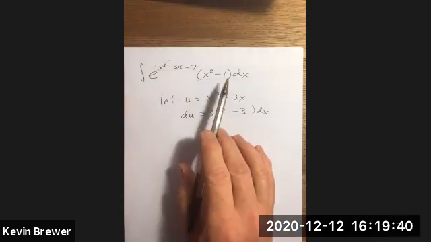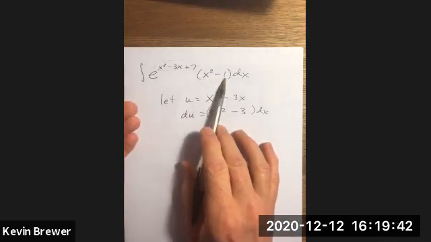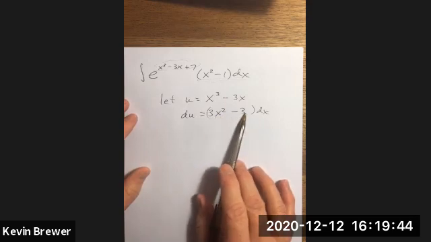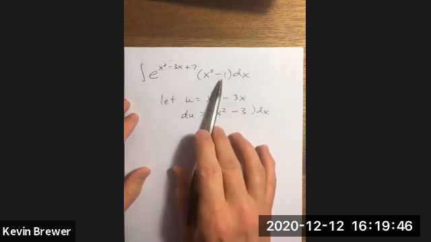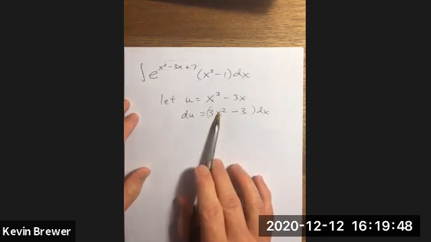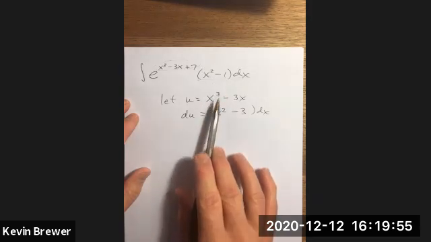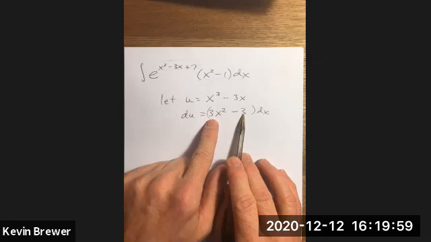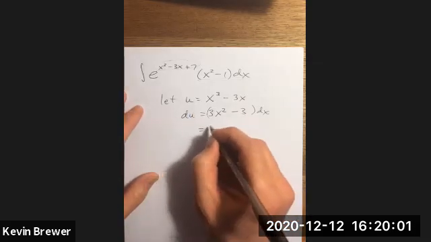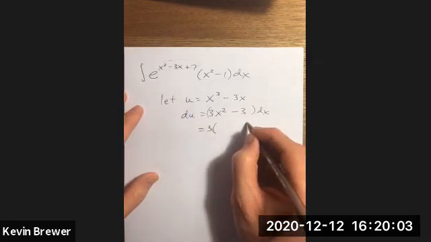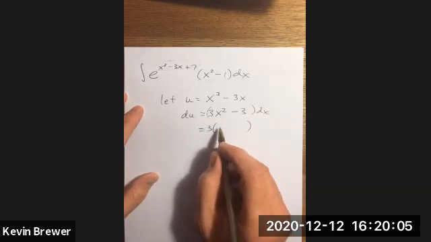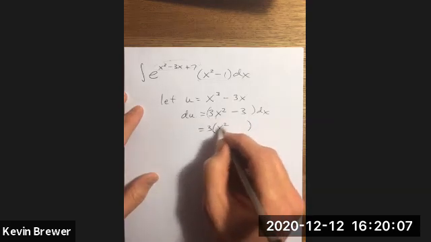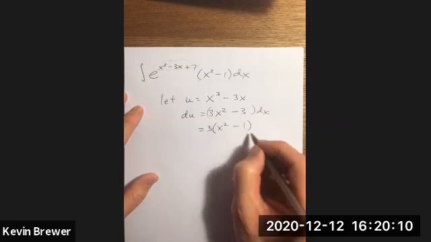We see just x squared minus 1, and it doesn't appear that we're off by just a constant. But when we look at it a little more, I realize I could factor out a 3 here. If I factor out a 3, times x squared is 3x squared, minus 1.